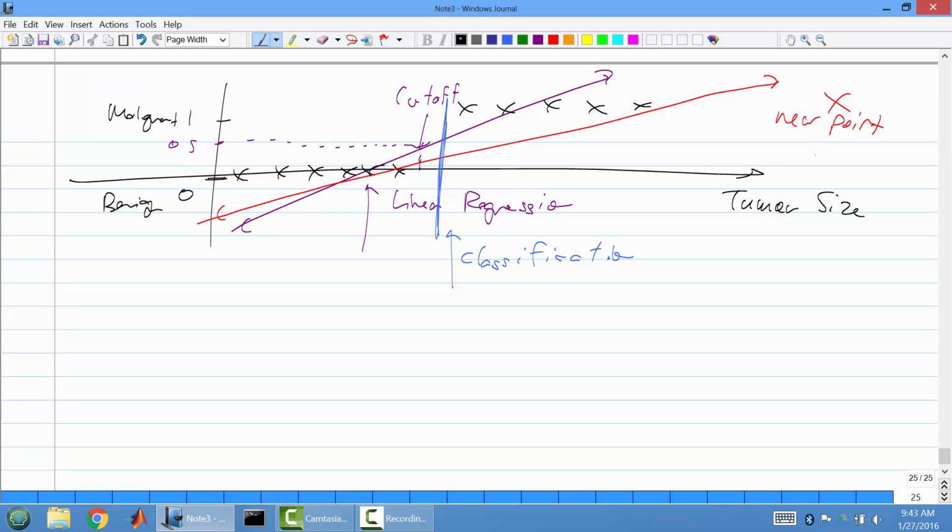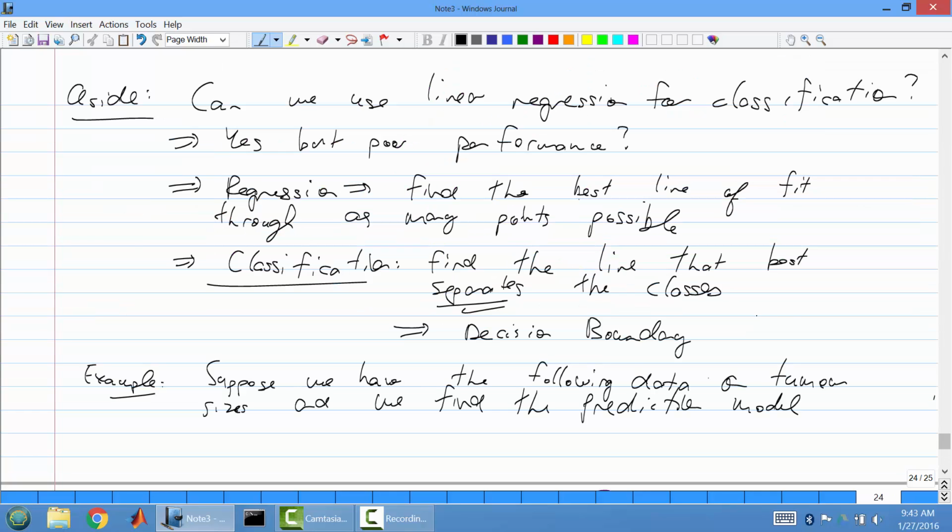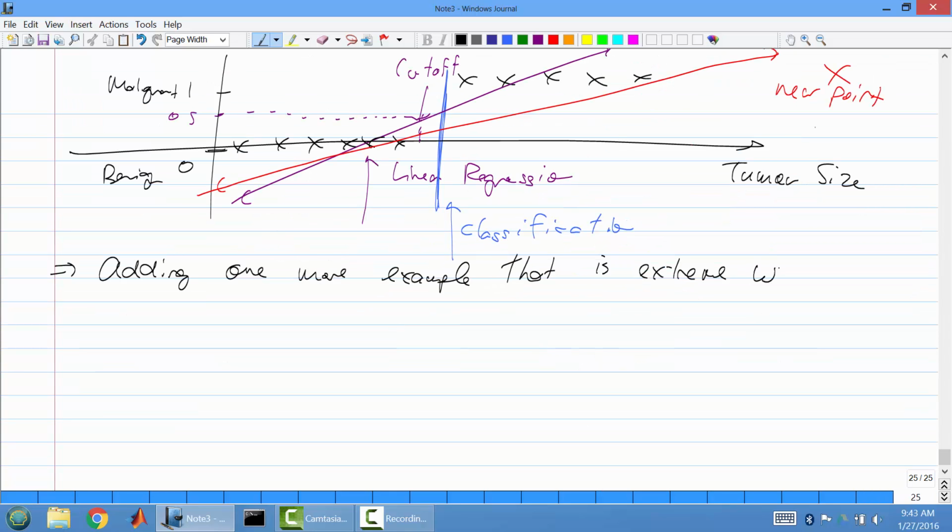All right, so let me see here. More data. How would I phrase this? So adding one more example that is extreme will skew the line of best fit.